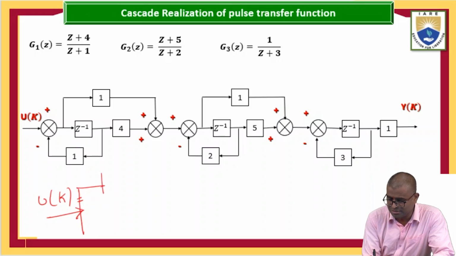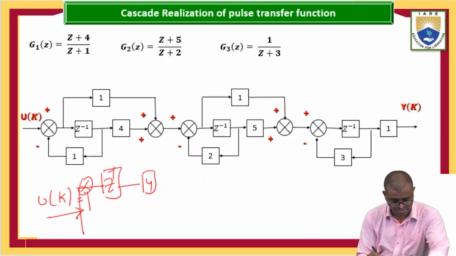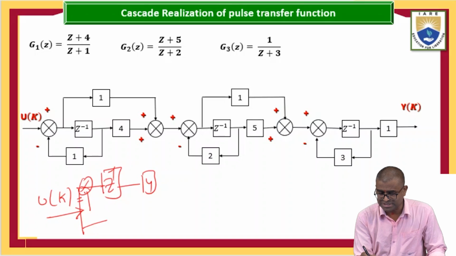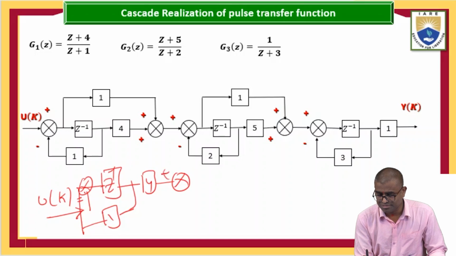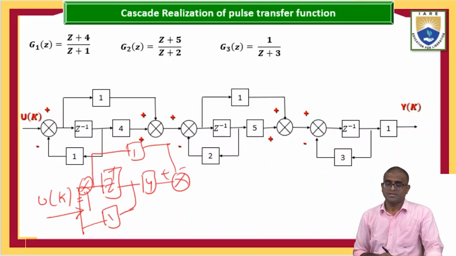What is the first one? Z inverse 4 and here a summing point, where the function is 1, unity, like this.